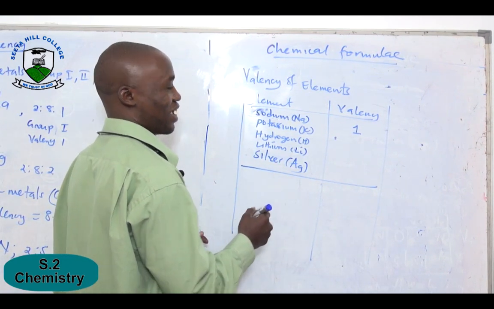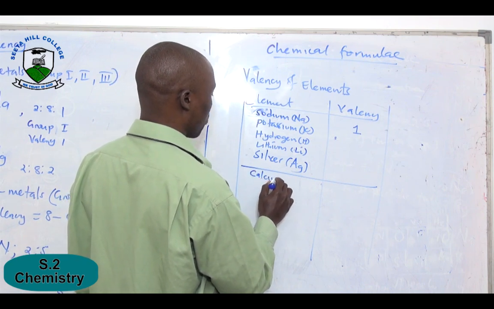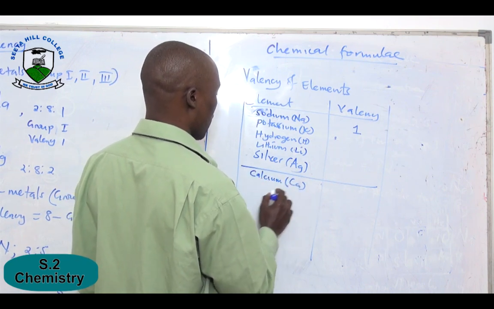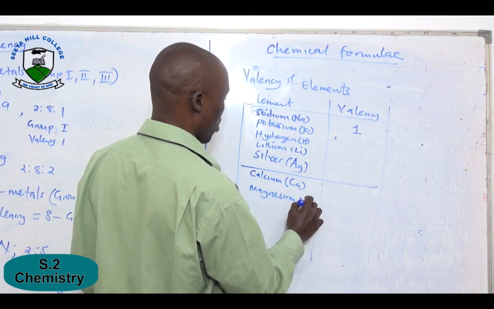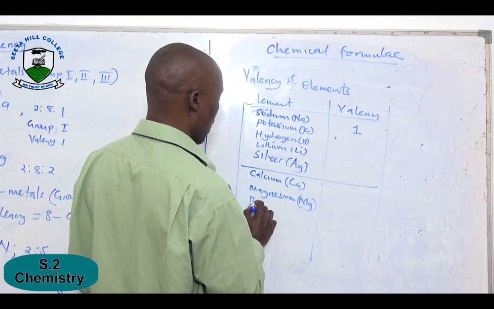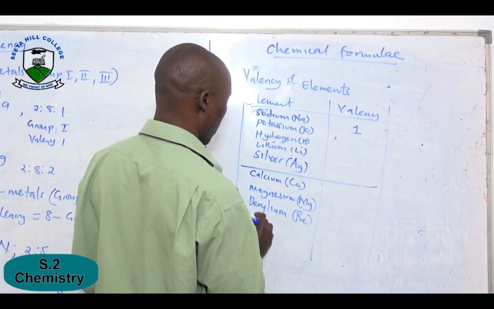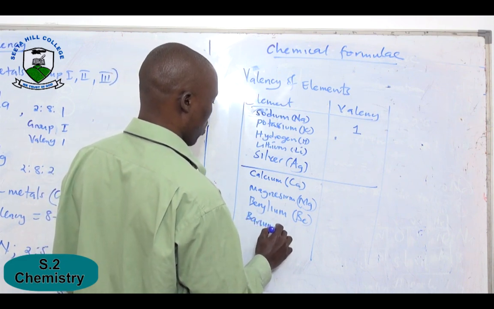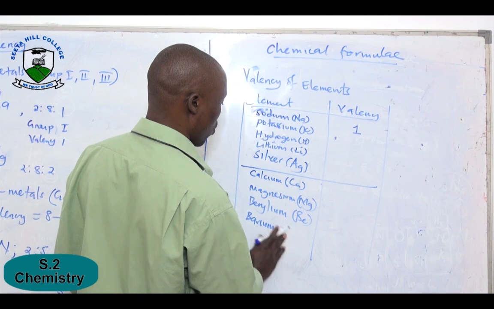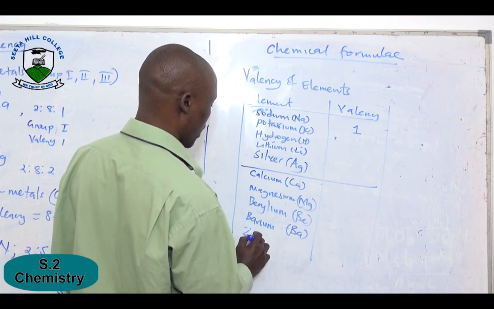Now, valence 2, we have calcium, Ca, magnesium, beryllium. Now I'm trying to keep time because time has already gone. Barium. Now I'll add some more, like zinc.